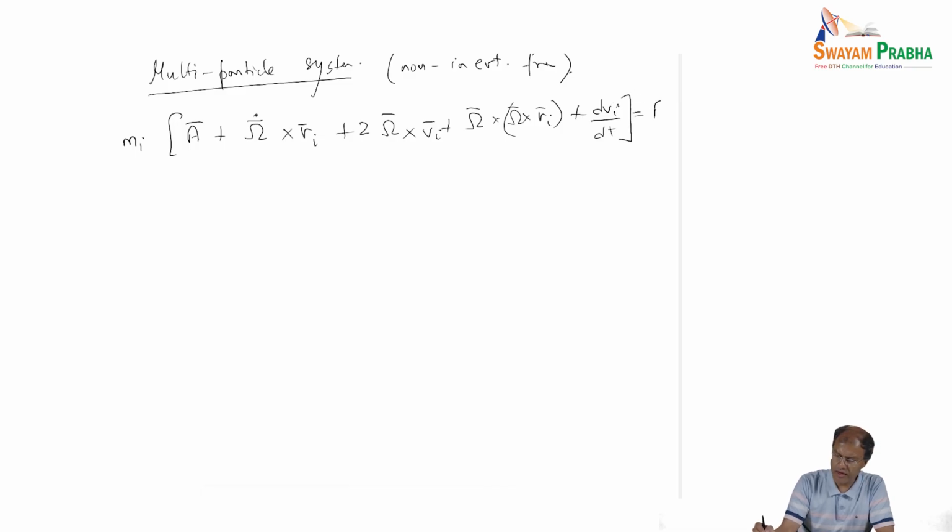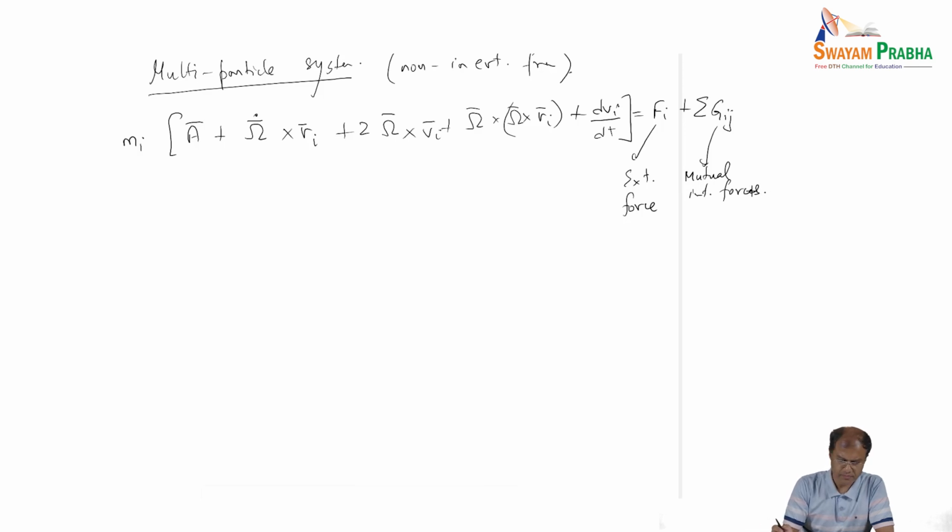So this is equal to Fi plus summation Gij. So this is my external force, and the second term on the right hand side is my mutual interaction forces.